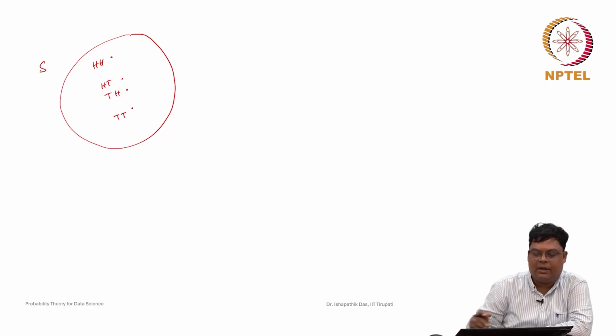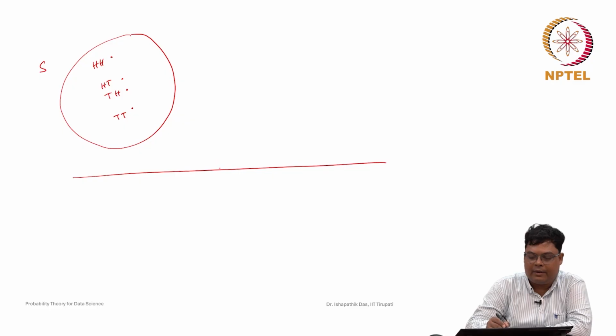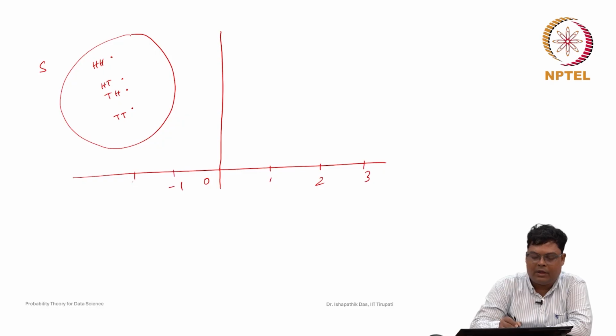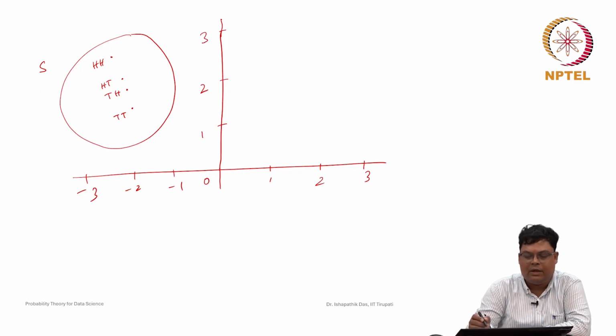So, this is the whole sample space S. Now, for random variable X, suppose this axis is 0, 1, 2, 3, and -1, -2, -3, like this.